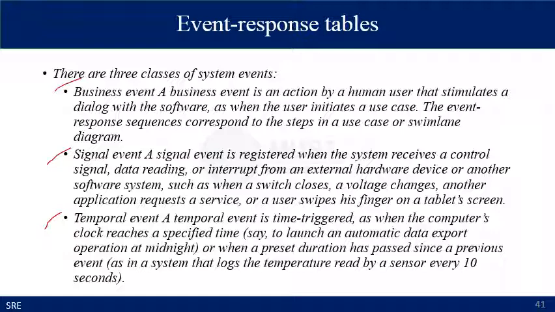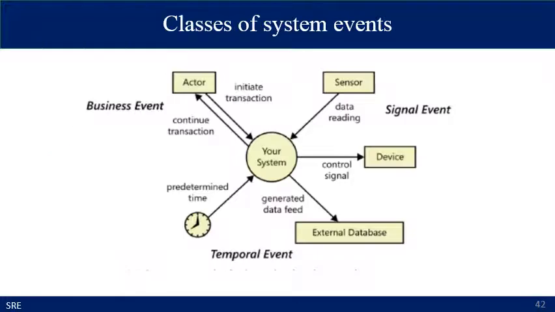The other form is the temporal event, which is time triggered, as when the computer's clock reaches a specified time, say to launch an automatic data export operation at midnight, or when a preset duration has passed since a previous event, for example a system that logs the temperature read by a sensor every 10 seconds.